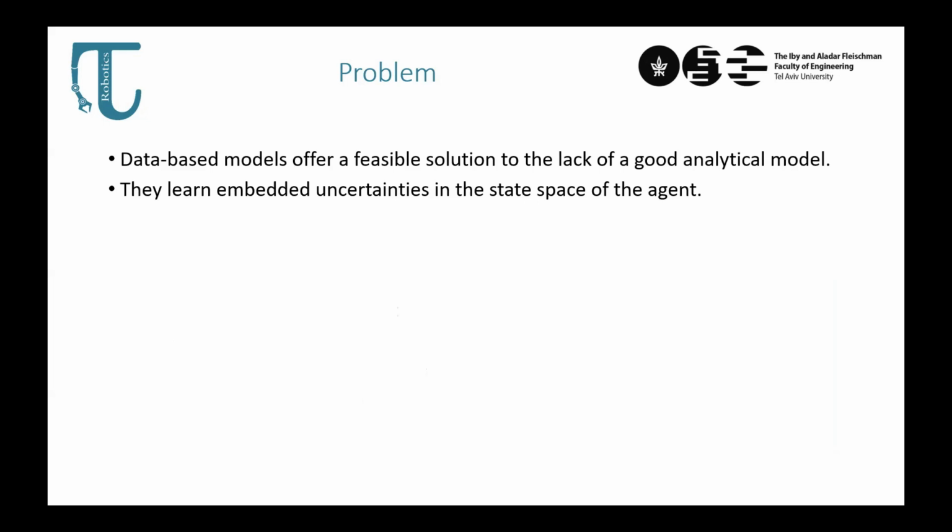So usually we approach it with a data-driven model. We collect a lot of data from the real system and train some kind of neural network, and it is able to learn these uncertainties and the complexity of the world.